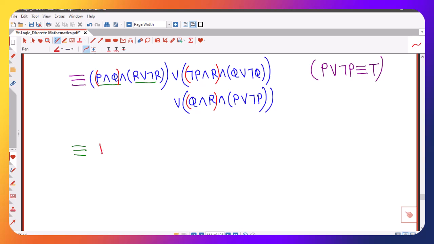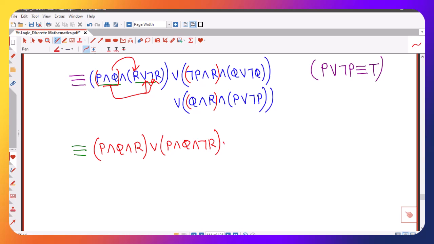So now using the distributive law I can rewrite this as p and q and r, or operator in between, p and q with negation r. So here I write p and q and negation r.